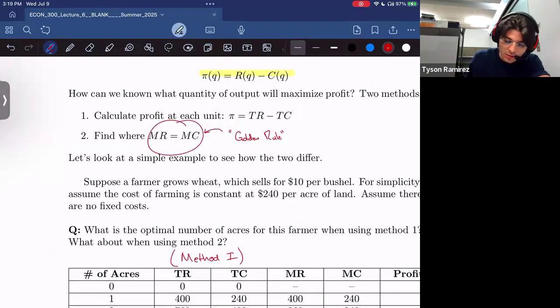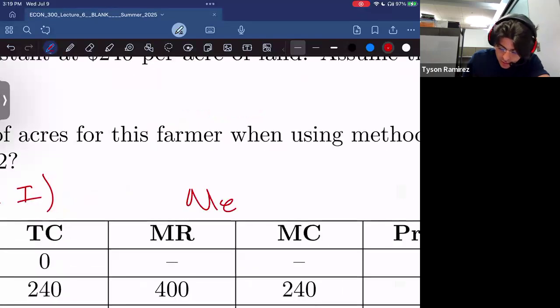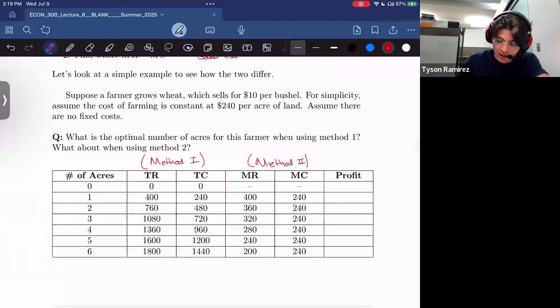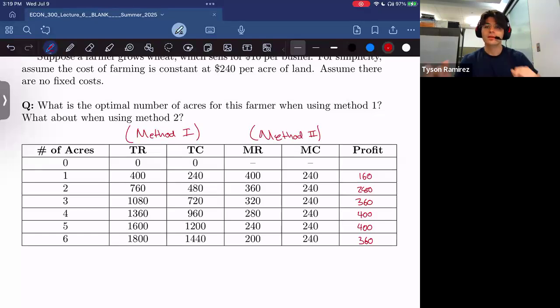Meanwhile, method two is looking at MR and MC, and so that is these two columns. And then how do we calculate profit? Well, you actually have to use method one to calculate profit. So to calculate profit, it's TR minus TC. And you should have found that your profit column looks like this.